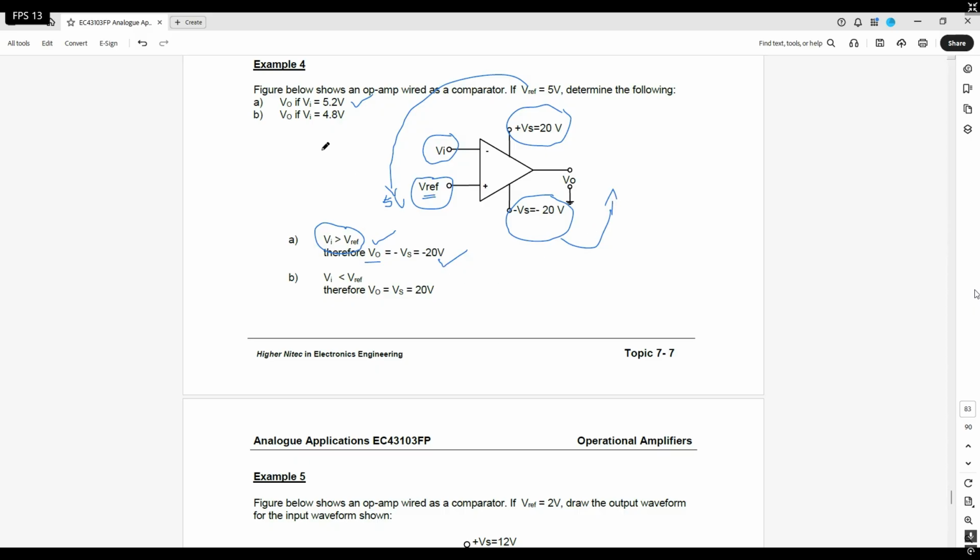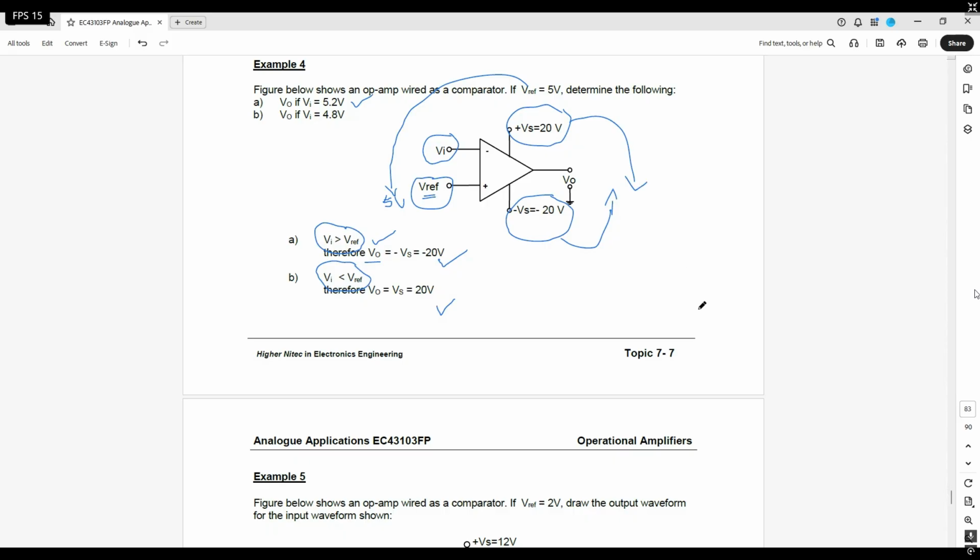The next one, they say now the input is 4.8 volts. You know that 4.8 volts is less than 5 volts. Under the condition, if it's less than, your output, they already tell you, will be equal to 20 volts, which is your Vs. 20 volts, not negative 20. So this 20 will now appear at the output.